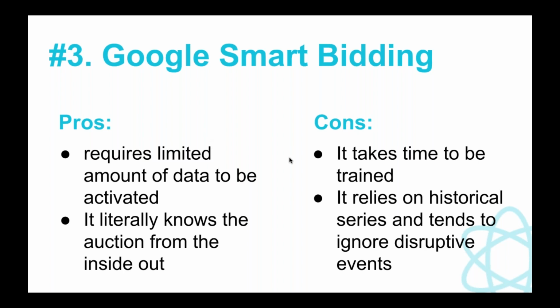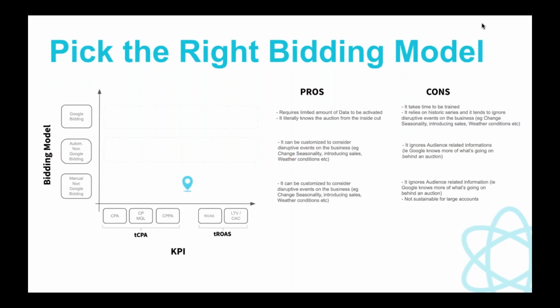a big challenge. So back to the original question, how do we pick the right bidding model? We can think of something like that. We can have two types of KPIs, target CPA or target ROAS. And in the target ROAS family, we can divide it by ROAS or LTV to CAC.